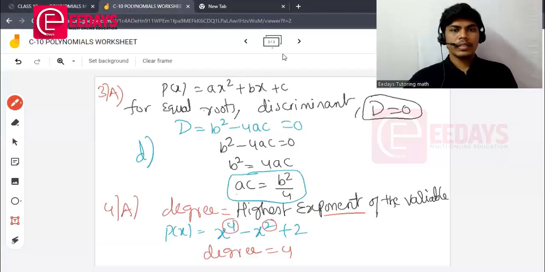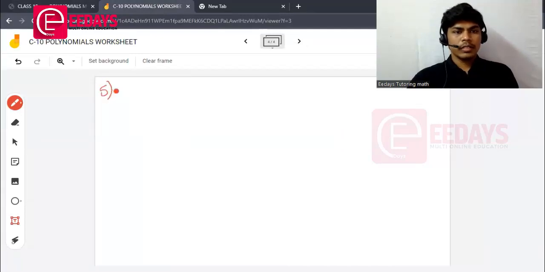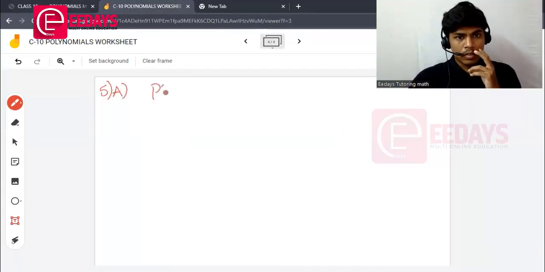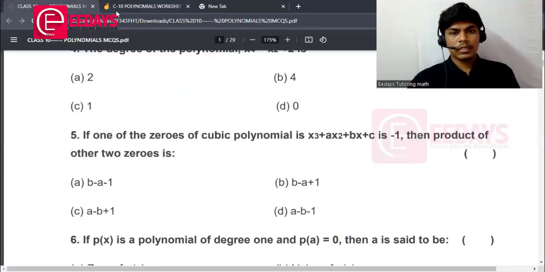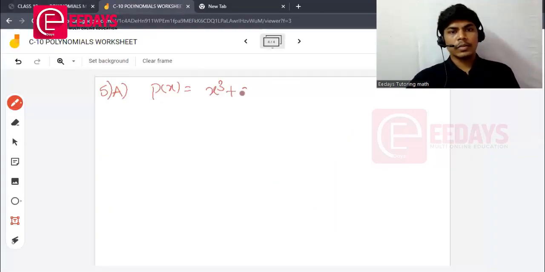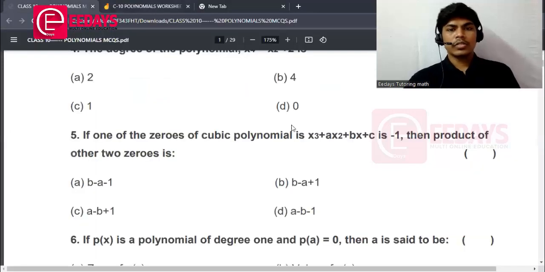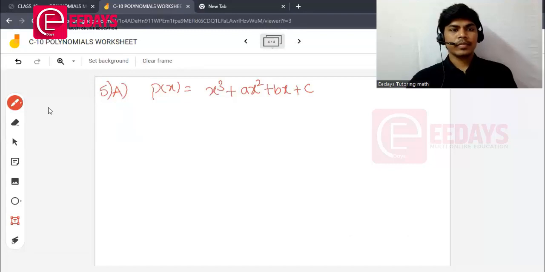All right, let's see. Fifth one. The polynomial equation is p of x is equal to x cube plus ax square plus bx plus c. This is the polynomial equation they given.